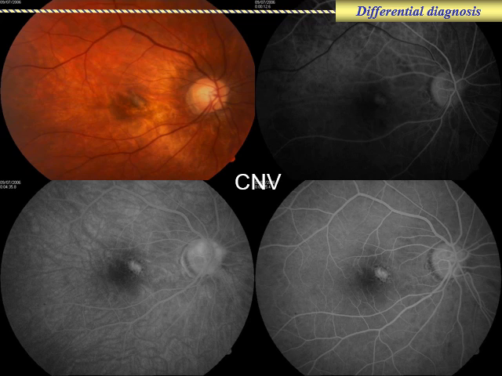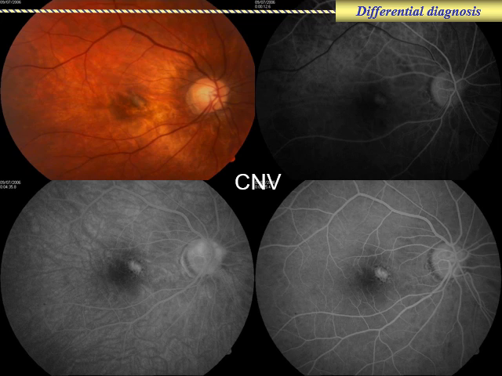CNV. A small CNV with associated sensory detachment of the central macula may be mistaken for central serous chorioretinopathy. However, the characteristic angiographic filling and the associated angiographic findings help to differentiate.